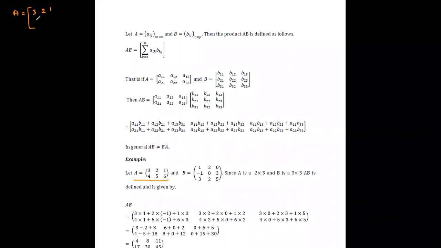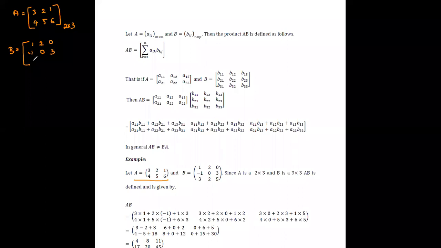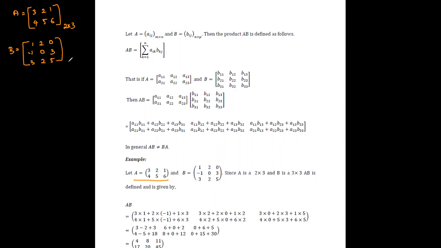Having the dimension, it is a 2 by 3 matrix. Then matrix B is given here: 1, 2, 0, minus 1, 0, 3, 3, 2, and 5. This is a 3 by 3 matrix.